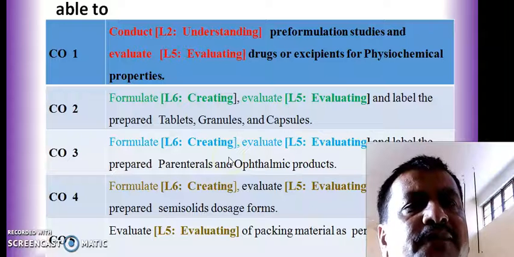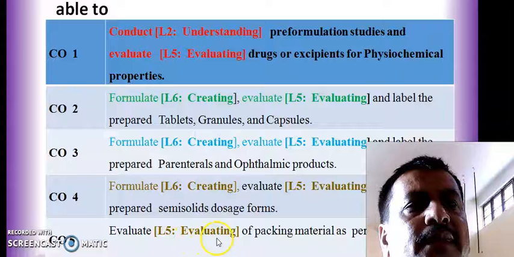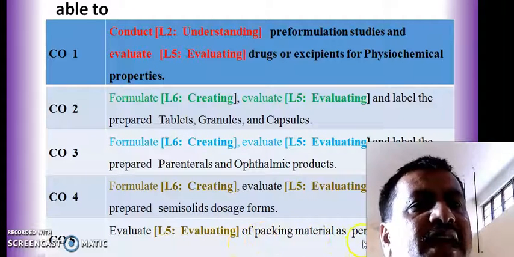And course outcome 5 is evaluate, in which we have level 5 as per Bloom's taxonomy, that is evaluation of packaging materials as per IP, USP or British Pharmacopoeia.